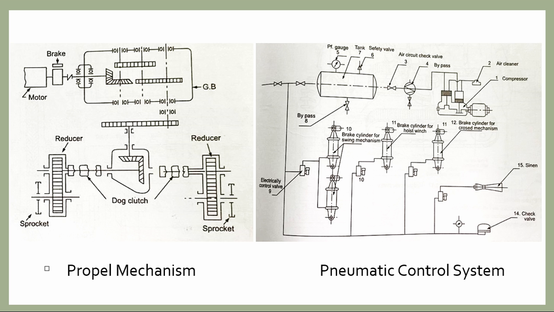The power from the engaged dog clutches passes through another reducer to arrive at the driving wheel of the crawler mechanism. In this way it propels the whole equipment. That's why this mechanism is known as the propel mechanism or the travel mechanism.